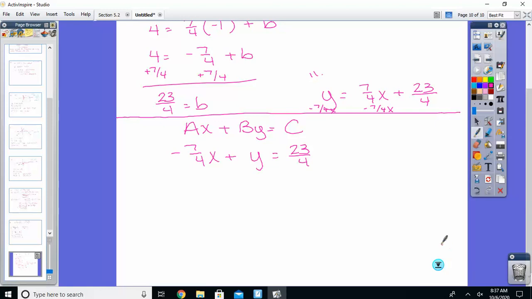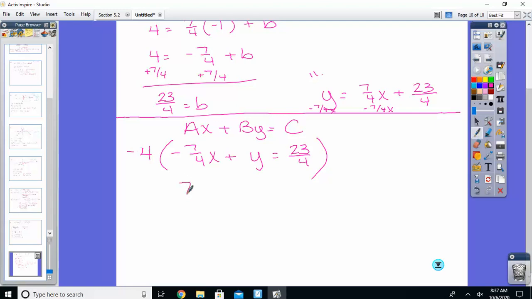Okay, from there, standard form says you can't have any fractions. So if I want to get rid of my fractions, what would I have to do? Multiply by? A 4 would get rid of the fractions, but standard form also says that x has to be positive, so I need to multiply everything by a -4.